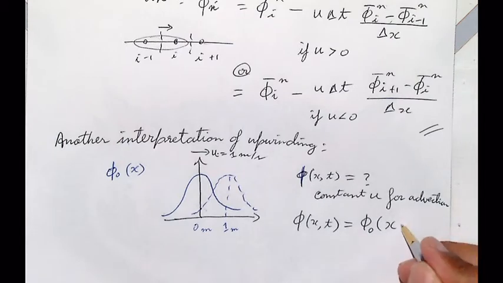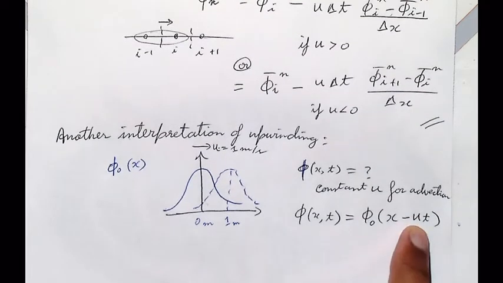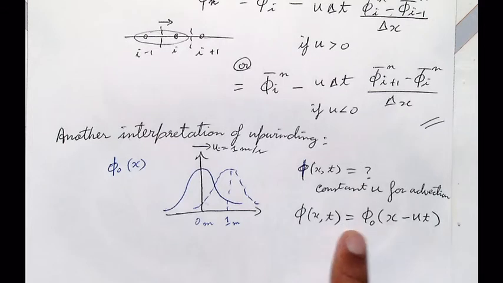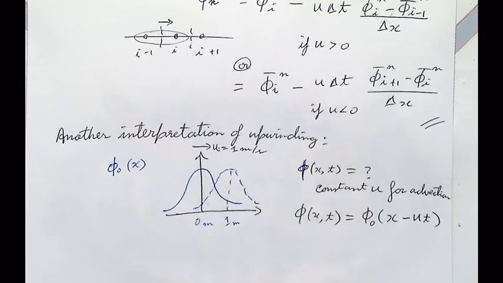So phi naught of x minus U t. If I plug in t equals 1, U equals 1, this phi naught of x minus 1 will be exactly the dashed line. So we know that's how pure advection works.